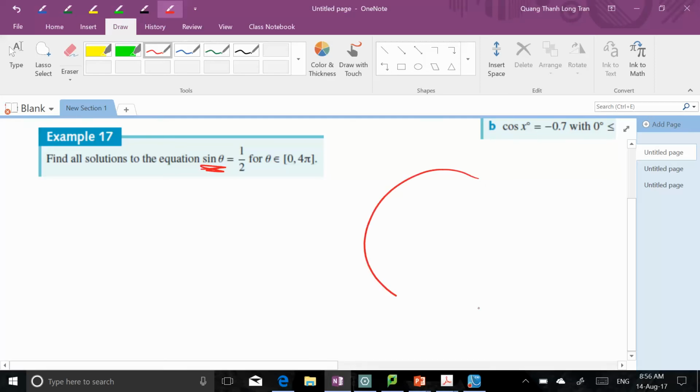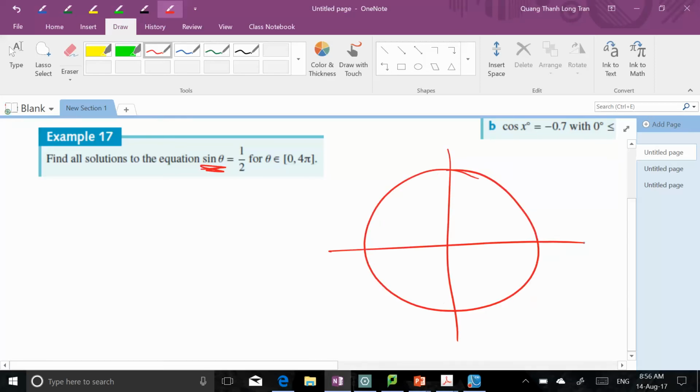Sine in a unit circle, what does sine represent again? The y values. Theta is your angle, like where you are in the unit circle. So what they're trying to say is I want your y values. That's just saying y values equal to half around the unit circle.